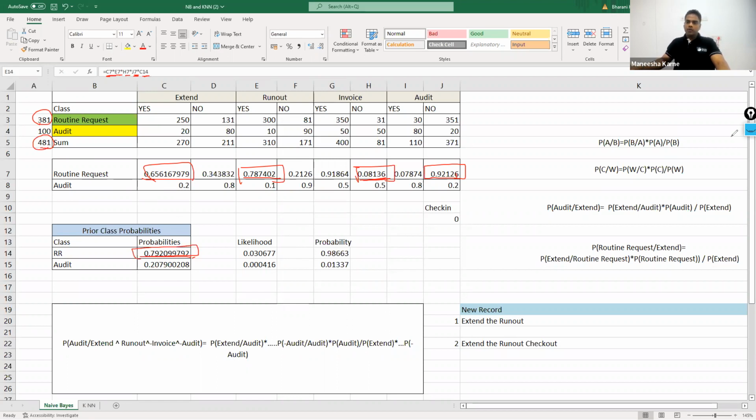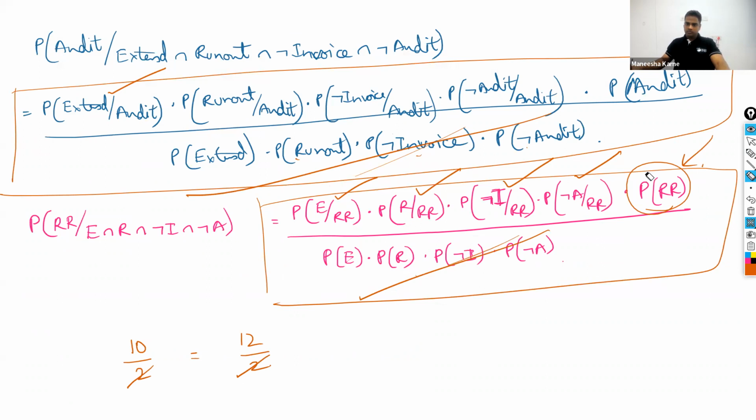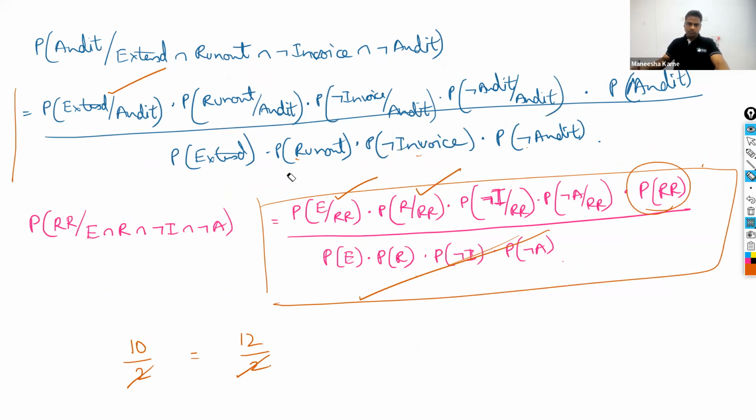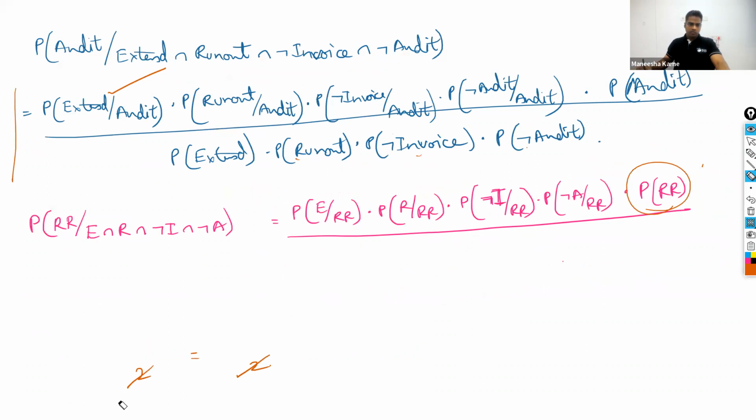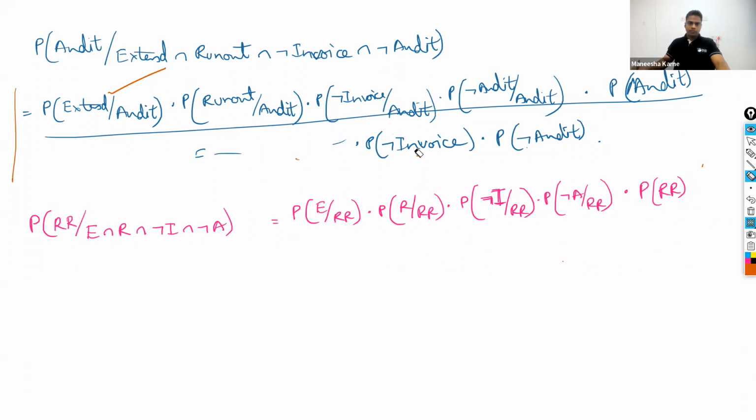You multiply all these values, and when you multiply all those values, what do you get? You get this. Since the denominator will be gone, I'll just remove that. Denominator gets cancelled out when you try to do a comparison.